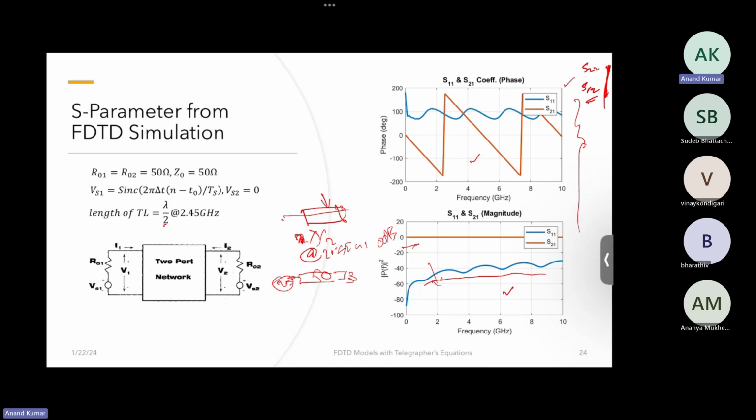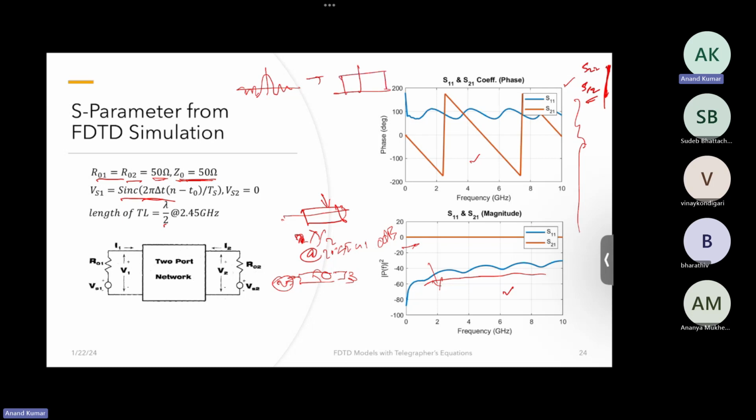So what we did was put the reference impedance at both ports as 50 ohm. The impedance of the transmission line was also 50 ohm, and the excitation was a sinc source. I hope everybody remembers the Fourier transform thing. If you have a sinc function in the time domain, its Fourier transform becomes a rectangular pulse in the frequency domain.